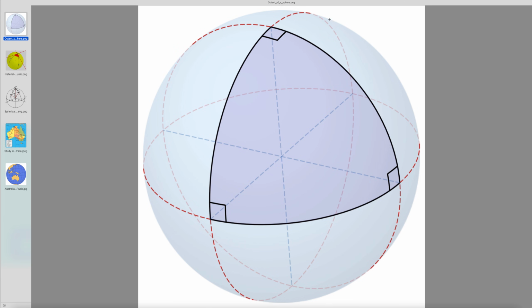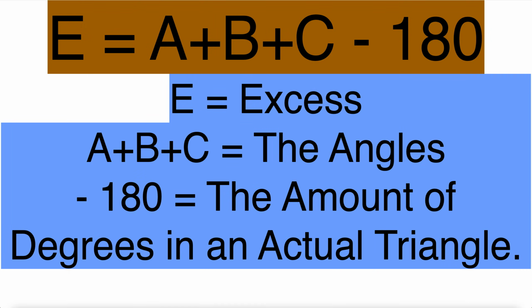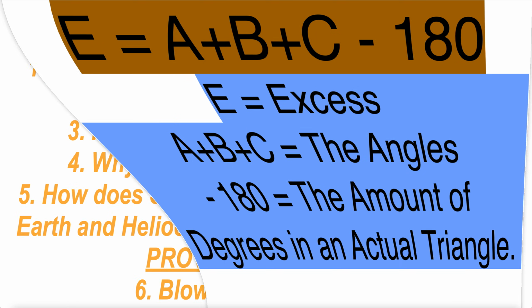Now that's going to be greater than 180 degrees. So when you add them up and minus 180 degrees from it, you end up with your excess. The excess is the amount of degrees and area that exists within the confines of these three arc lengths. So basically, you must turn these back into an actual triangle. That is the formula for spherical excess.